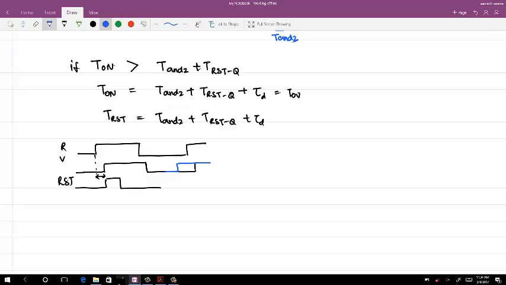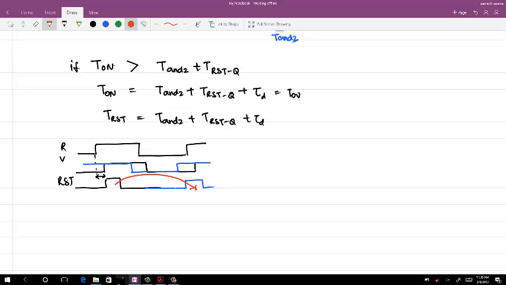So that means I am moving slightly closer to 2 pi. If I move closer to 2 pi, then the reset signal can actually occur somewhere here.